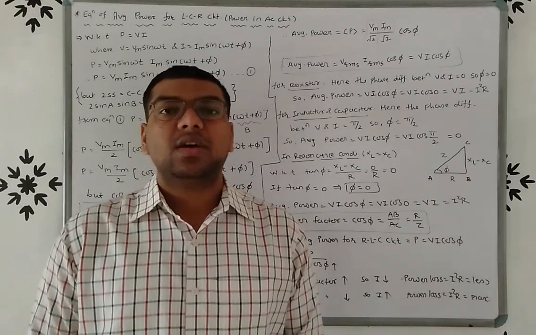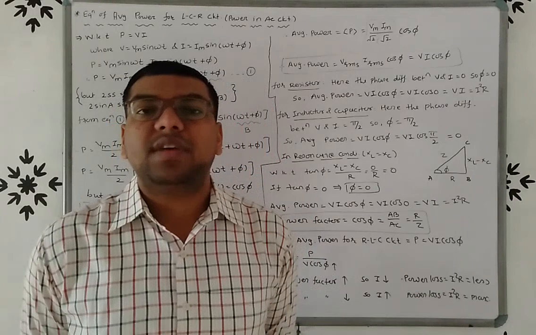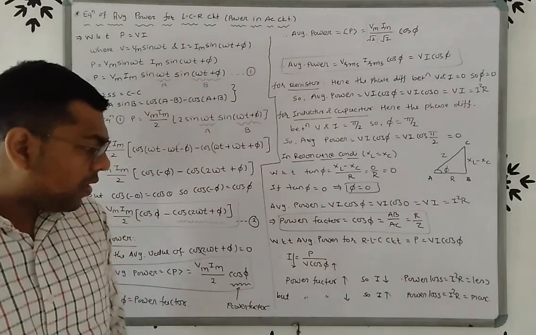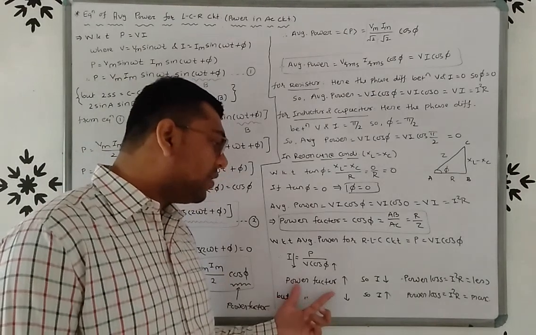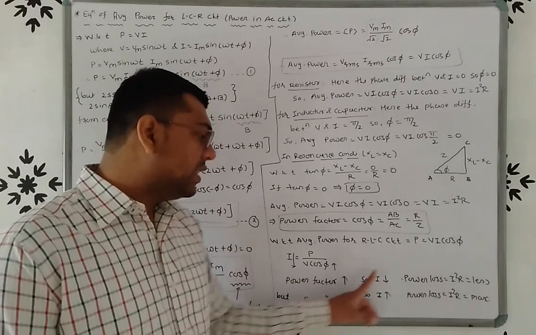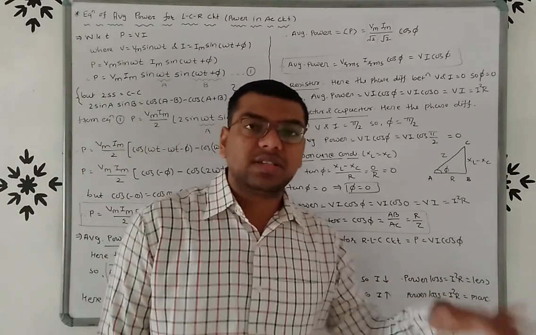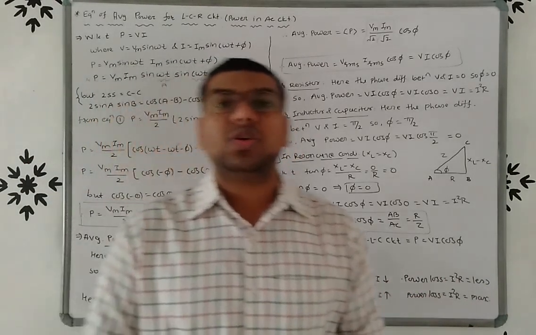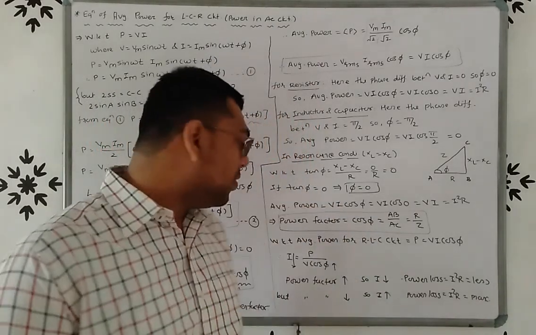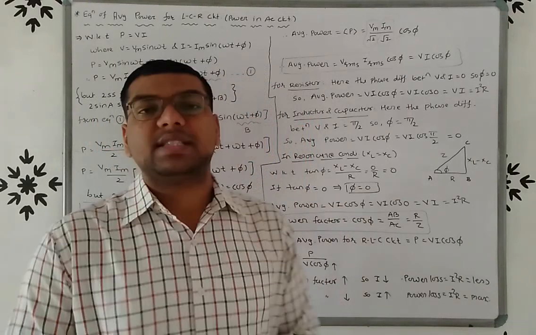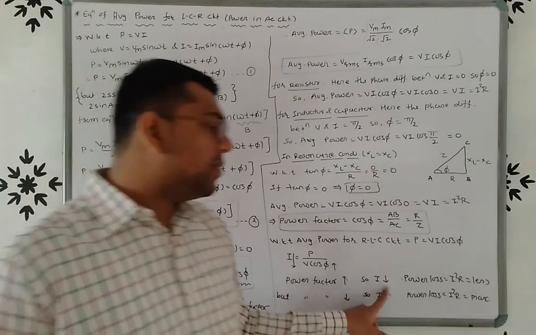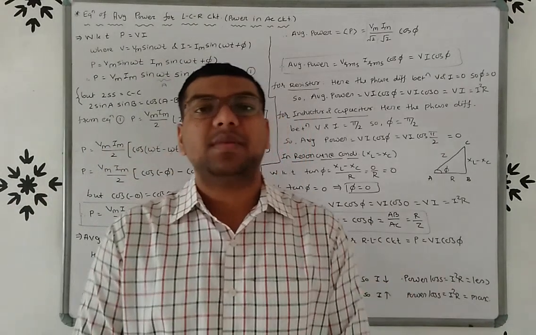So for minimum power loss, we have to take the value of power factor high, because as the value of power factor is high, the value of current is less and power loss is less, right? So for less power loss, we have to take the value of power factor maximum. If power factor is maximum, then current is minimum, and power loss is also minimum, right?